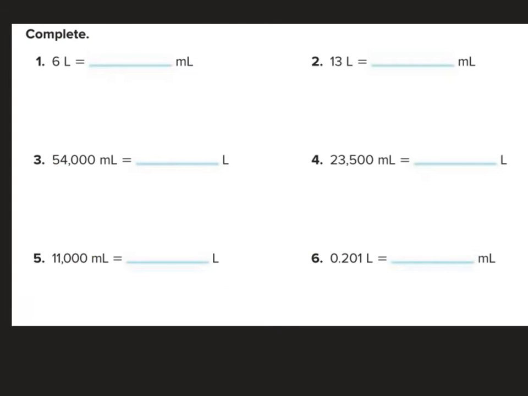Here we have 6 liters equals how many milliliters? Again, 1 liter equals 1,000 milliliters. So that means 6 liters would be 6,000 milliliters. Here we have 13 liters equals how many milliliters? That same conversion rate: 1 liter equals 1,000 milliliters, so 13 times 1,000 is 13,000.